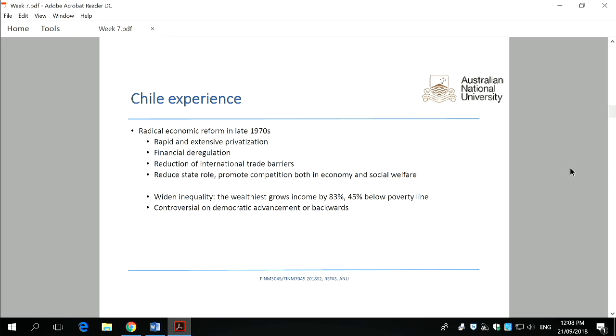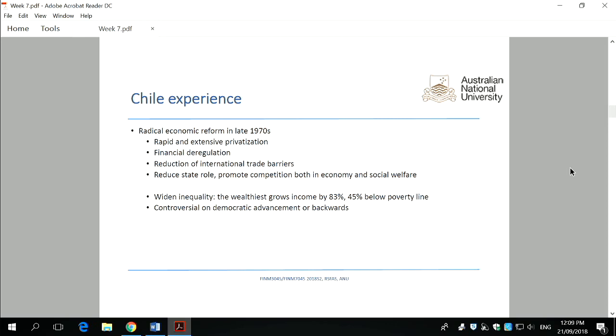Reduce state role, etc. The result was also not very good. So basically they widened the inequality. The wealthiest income grew by 83%, that means the top wealthiest people's income almost doubled. But the poverty line rose to 45%. That is, 45% of people lived beneath the poverty line.